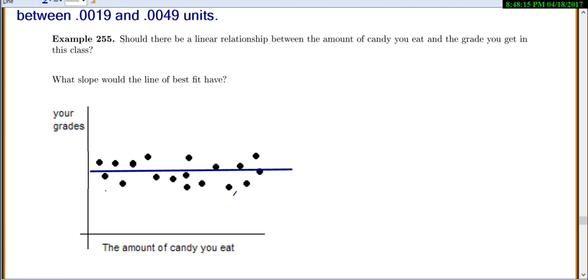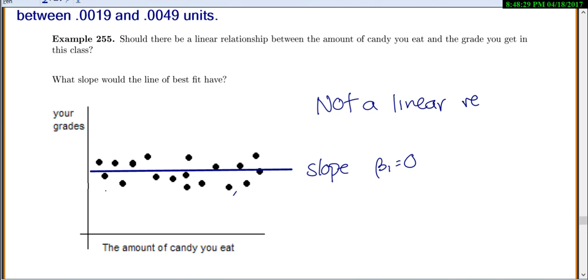And for this straight line, my slope beta 1 would equal 0. This means that there is not a linear relationship. So if you get a slope of 0, it means there's not a linear relationship.